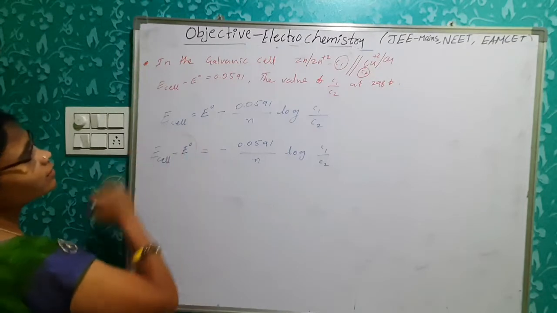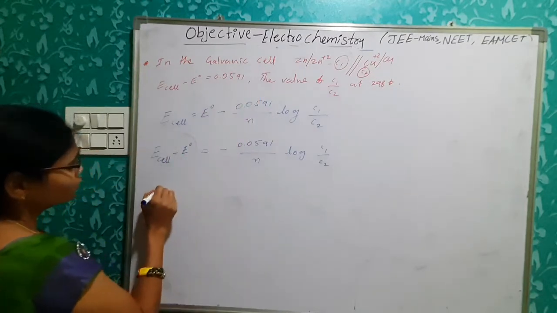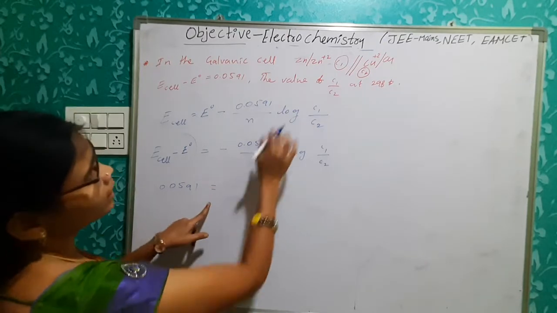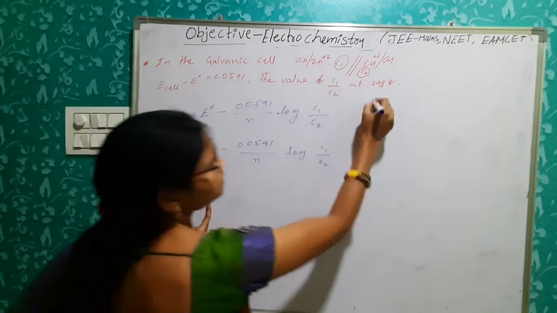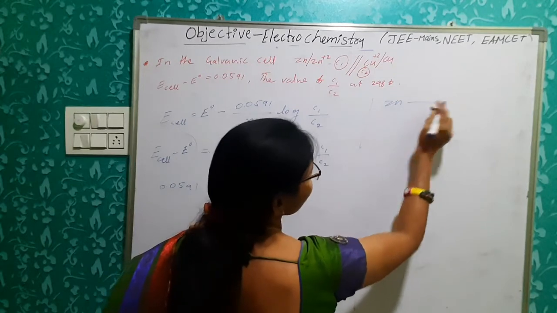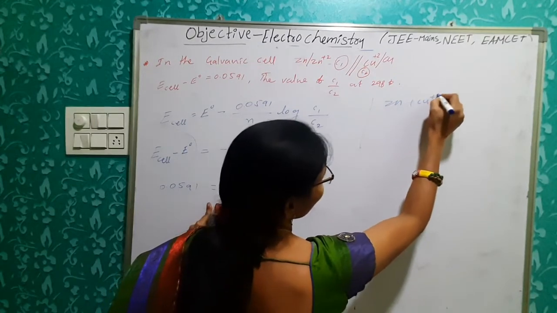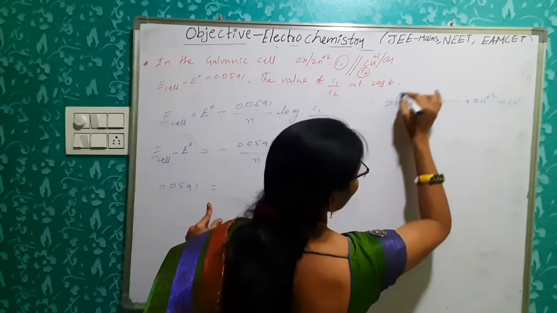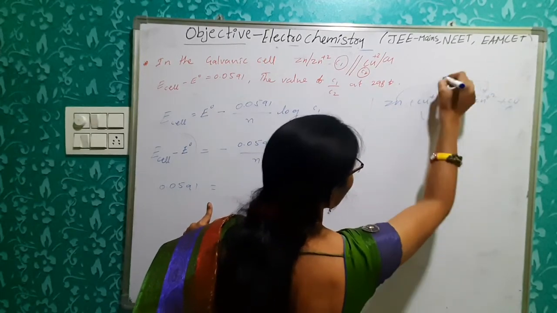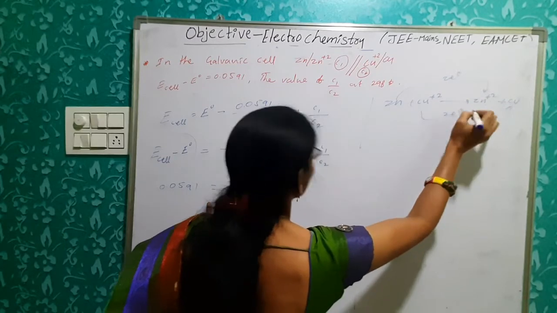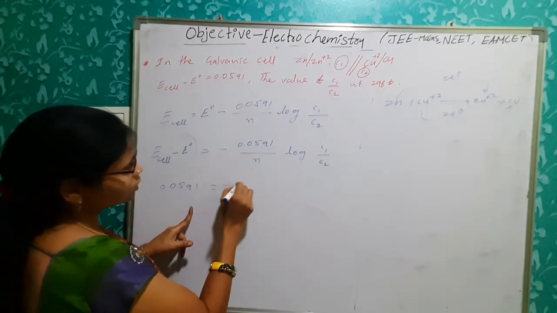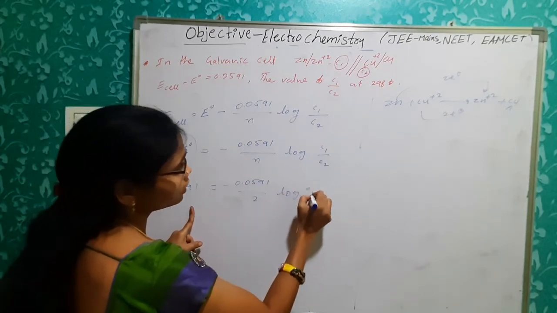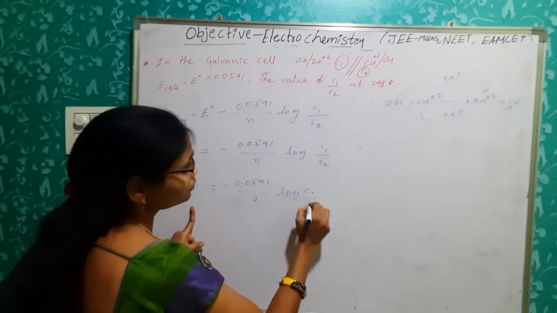So this value is given as how much? 0.0591. How many electrons are transferred here? Simply Zn gives rise to Zn²⁺ and Cu²⁺ gives rise to Cu. 2 electrons are transferred. So 0.0591 by 2 log C1 by C2.